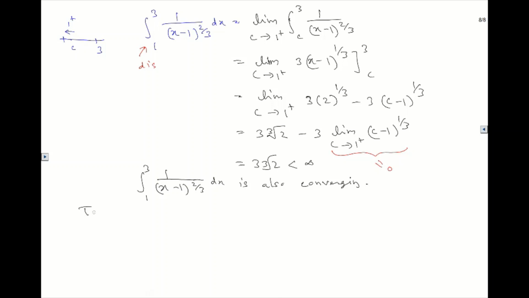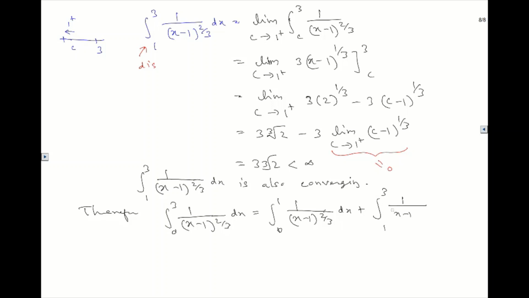So therefore you can say the integral from 0 to 3 of 1 over (x minus 1)^(2/3) dx is simply the sum of the two: the integral from 0 to 1 of 1 over (x minus 1)^(2/3) dx plus the integral from 1 to 3 of 1 over (x minus 1)^(2/3) dx. The answer is the sum of the two.